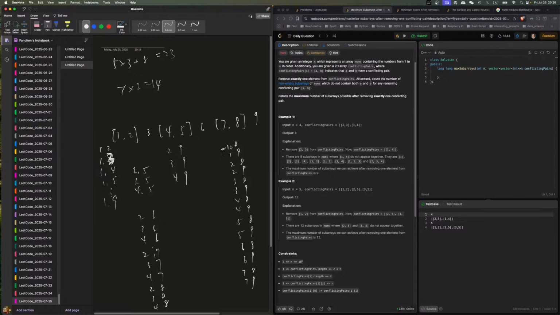So 1, 8, 1, 9. 2, 8 gets handled here already. 2, 9 gets handled. 3, 8 gets handled. 3, 9 gets handled. 4, 8, 4, 9 all get handled. But that's it. We don't have 5.